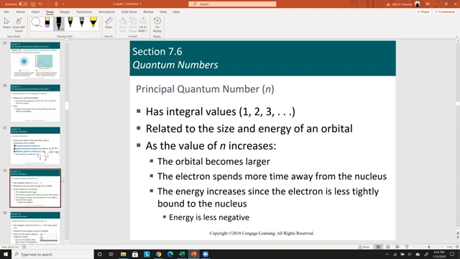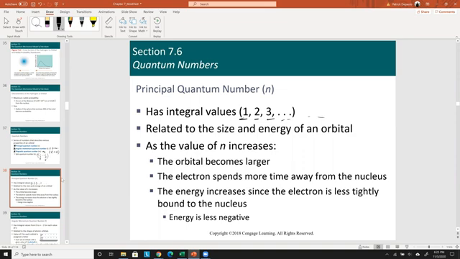So principal quantum number N, it's the principal energy level, right? So it means energy level 1, 2, 3, etc. And it relates to the size and the energy of the orbital. Meaning, if you have energy level 2 versus energy level 3, energy level 3 can hold more electrons because it's bigger.